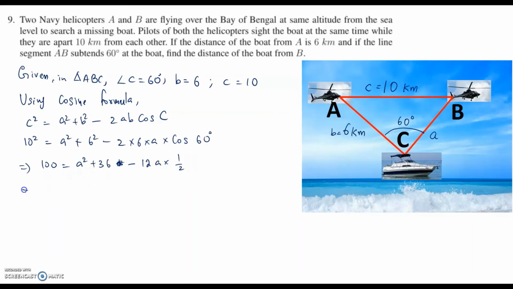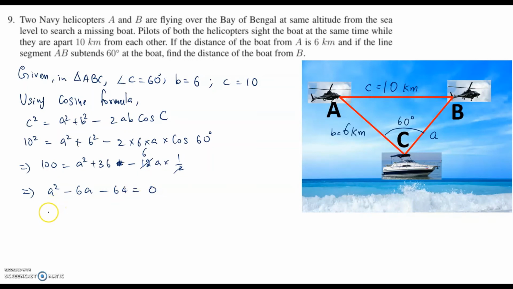So what we get is a squared, 12 by 2 will be 6, minus 6a, and if we move the 100 to this side, then this becomes minus 64 is equal to 0.